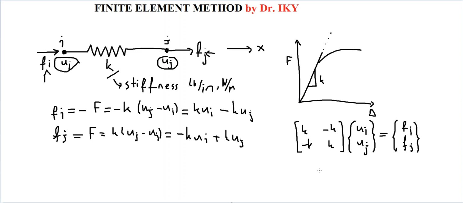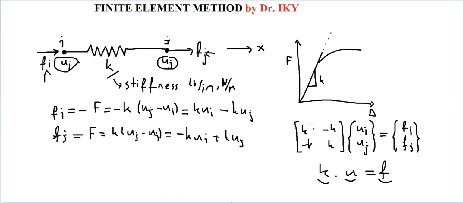So this is defined as K multiplied by U is equal to F: element stiffness matrix, element nodal displacement vector, element nodal force vector.